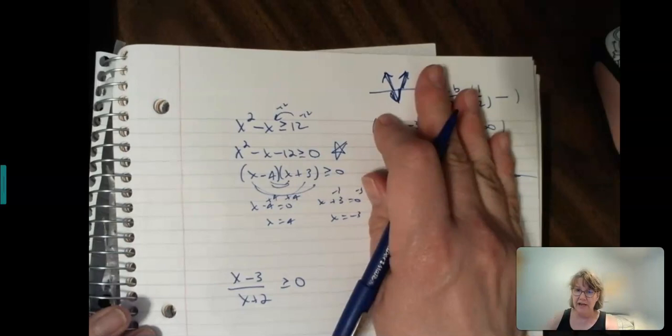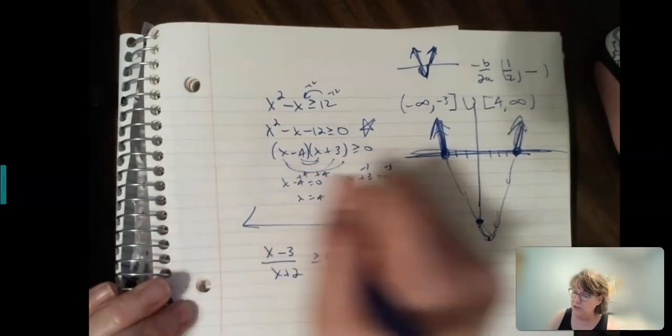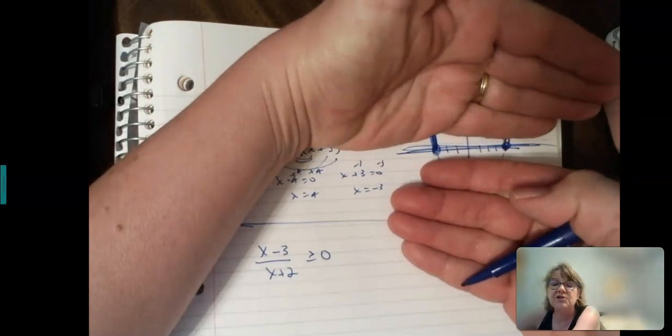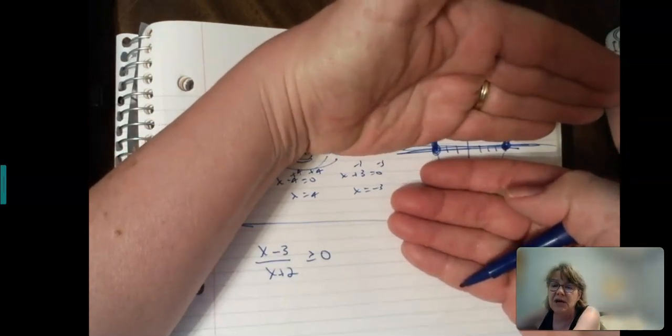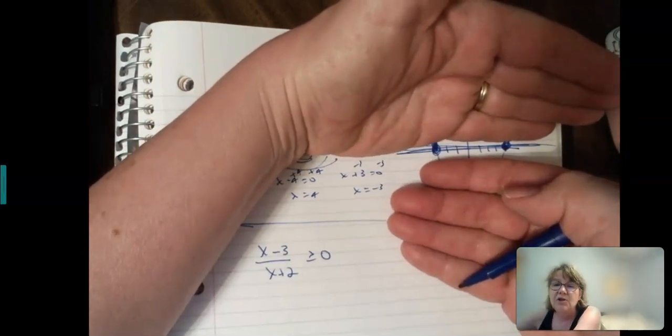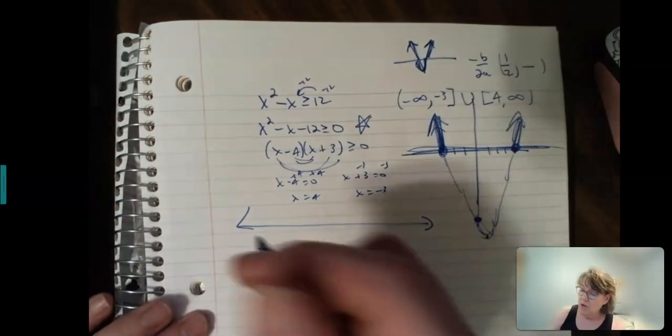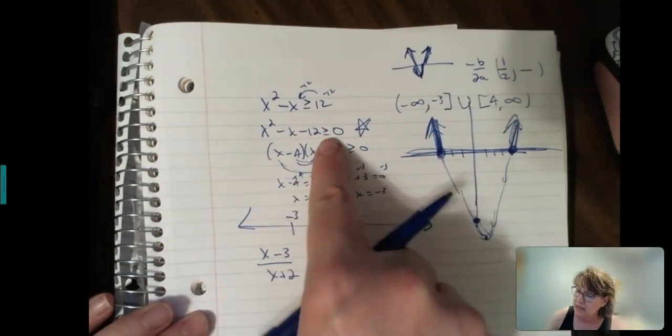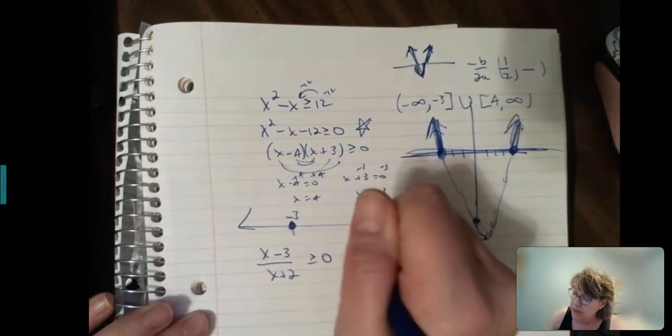If you don't like two-dimensional, we can go one-dimensional. When you do a one-dimensional chart, what you're really doing is just looking at the x-axis, so you're not really paying attention to the y-axis. We have a -3 here, which is a key point. It can equal, so I'm going to put a solid point, and 4.